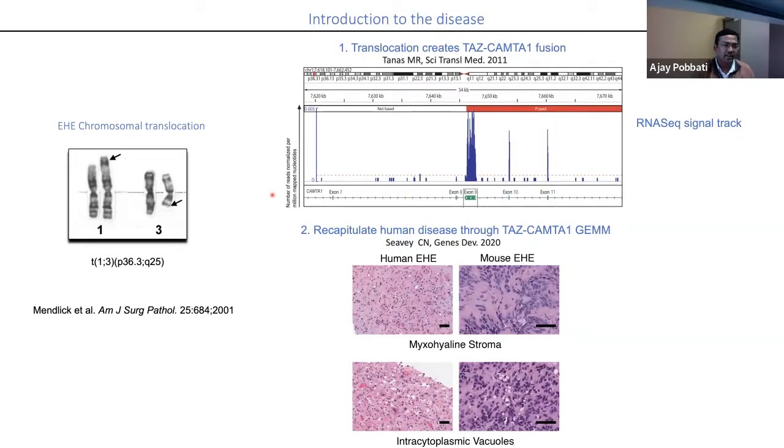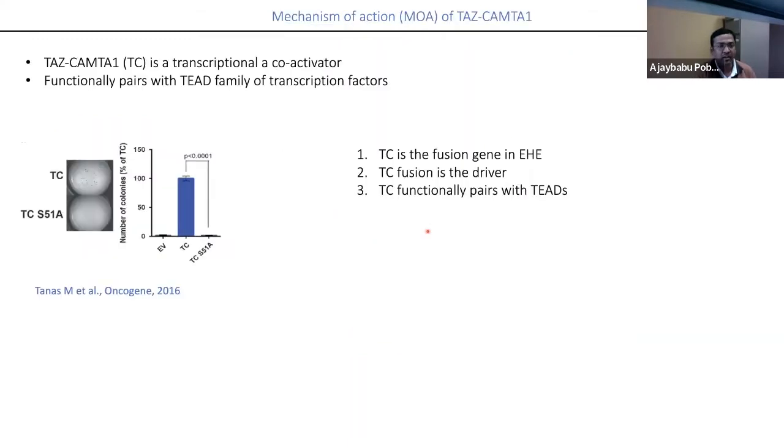Just a brief introduction to put things into perspective. We've seen this slide and Dr. Rubin explained it nicely in the initial talk. EHE, I like to reiterate, is a monogenic disease caused by a 1;3 chromosomal translocation that produces the TAZ-CAMTA1 gene. And in our lab we have this great model system whereby, by expressing TAZ-CAMTA1 from the endogenous TAZ locus, we can recapitulate the human disease, and this is largely work by Caleb CV, who just talked prior to me.